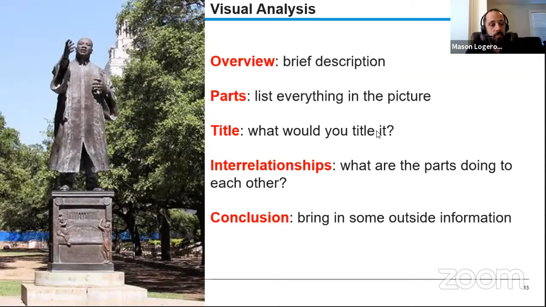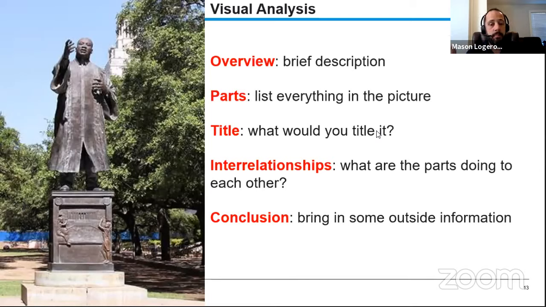So I'm going to show you right now real quick how you can do OPTIC with the statue of Martin Luther King. And then I'm going to set you free to do one on your own in a second. When you do OPTIC, the first thing you do is just an overview, a very brief description, less than a sentence. Here's what's in the picture.